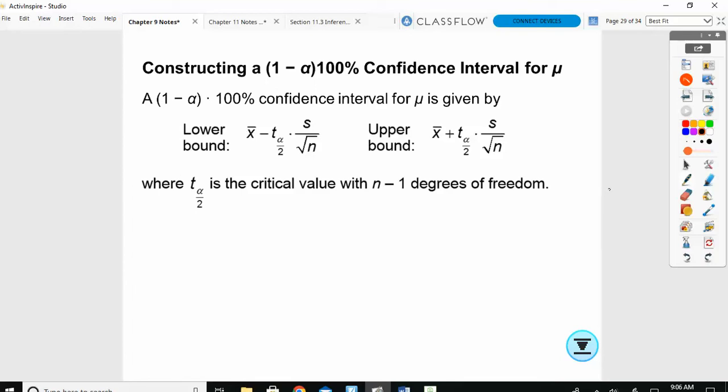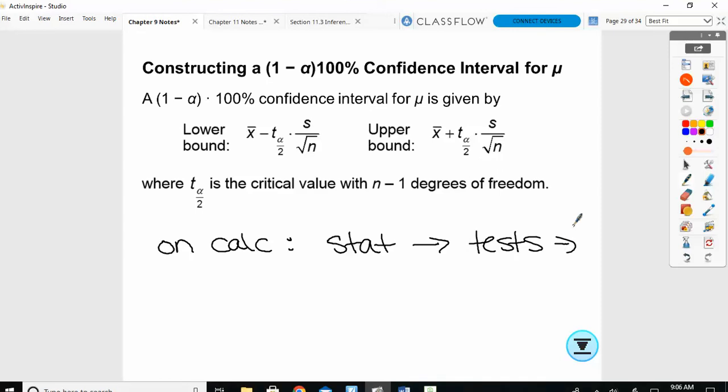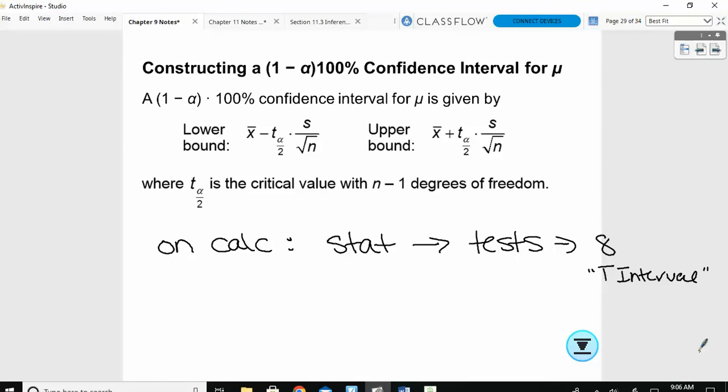All right. And we can also do this one on our calculator. So when we do this one, we will go to Stat, Tests, and it is number 8, TInterval.